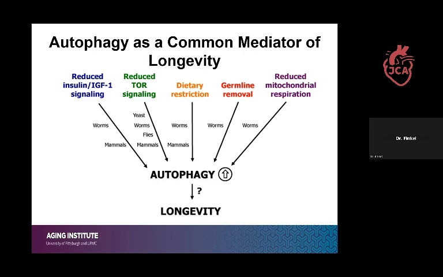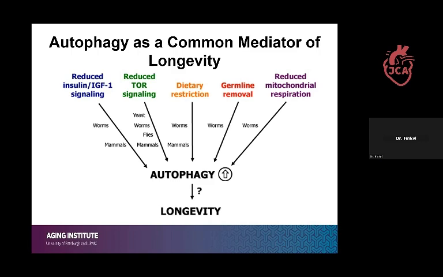In an attempt to understand the common mechanism by which these disparate life-extending interventions occur, I think the majority of evidence says that perhaps the only single factor that unites all of them is that all of them appear to produce an increase in autophagic flux.